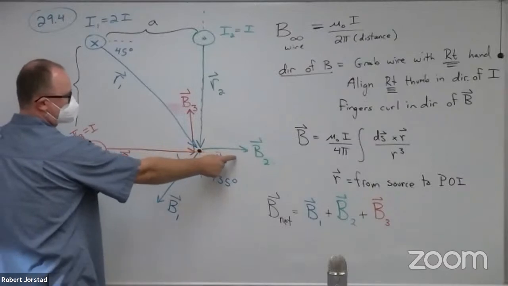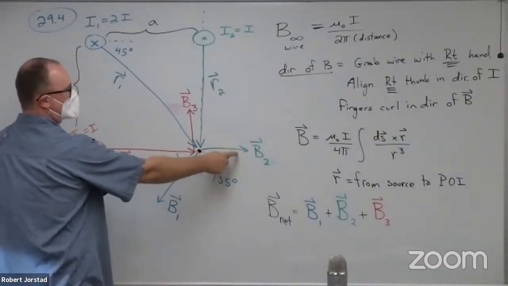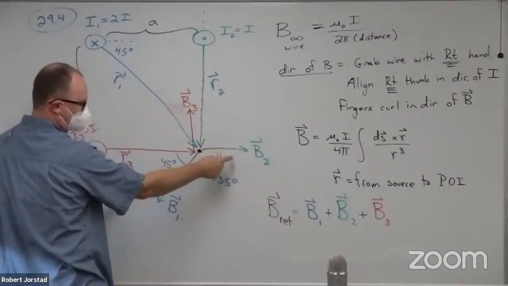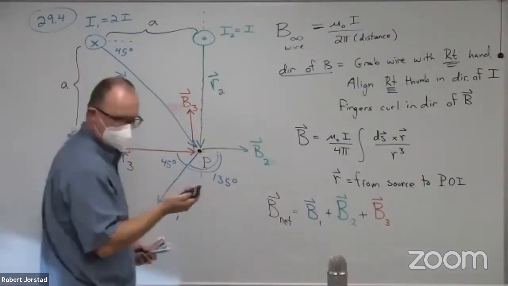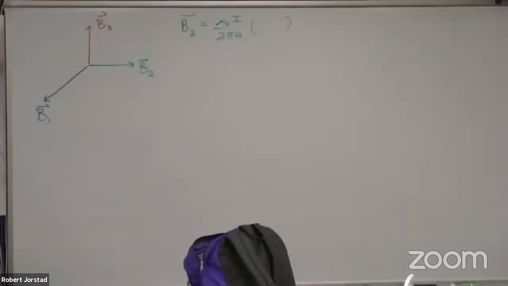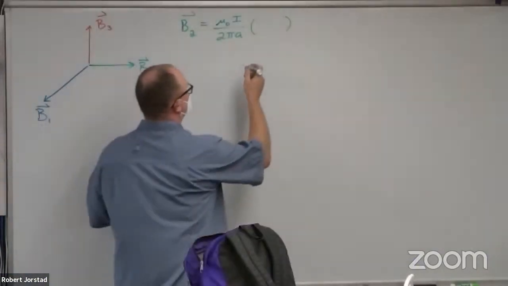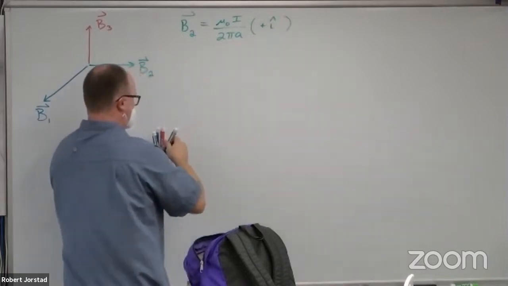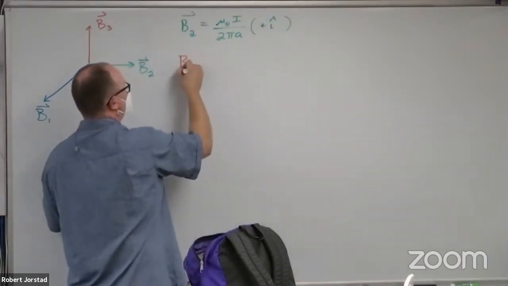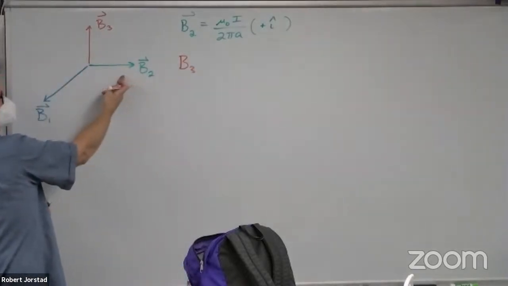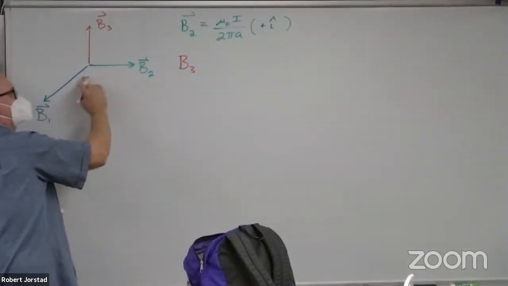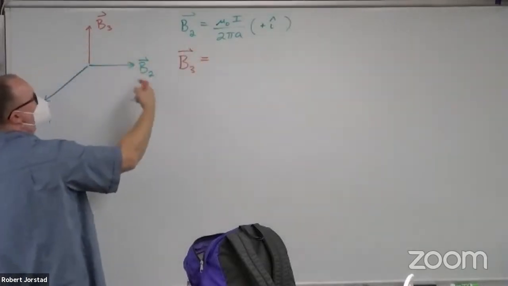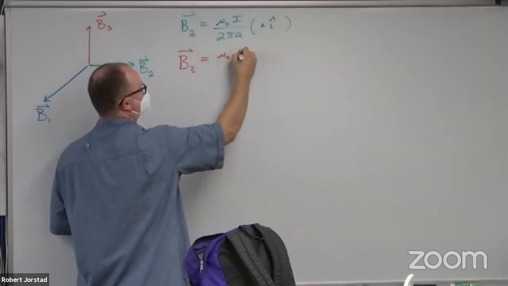What was it? The r vector for 2 was negative j hat. The B field was in the positive i hat. What do we say? Plus i hat. Now, the direction of the B field for this one is right there. Do you agree this one was the same size but a different direction?